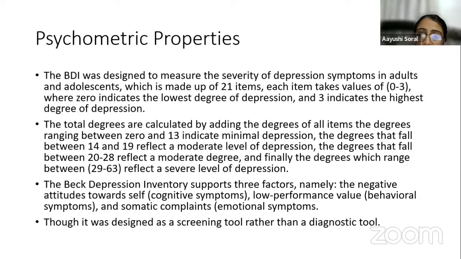A is affect, that is the emotion, B is behavioral, and C is cognitive. Affect is the somatic complaints, the bodily complaints you feel. The behavioral is on the performance value you feel, and the cognitive is all about your attitude, majorly the negative attitude towards yourself, like I am not competent enough, I don't like myself, I am very poor. So the negative attitude you show towards yourself.